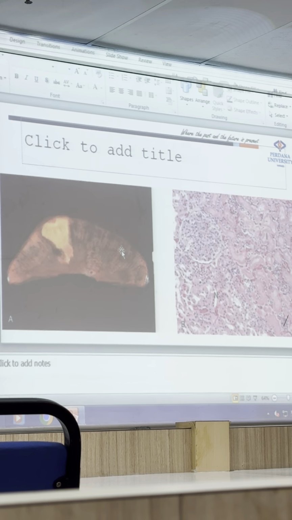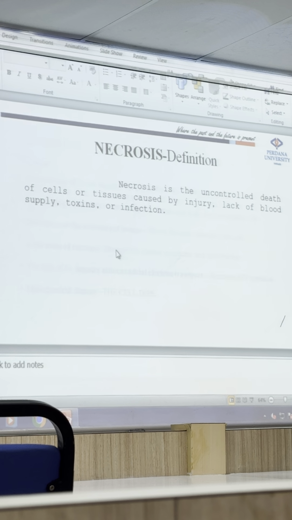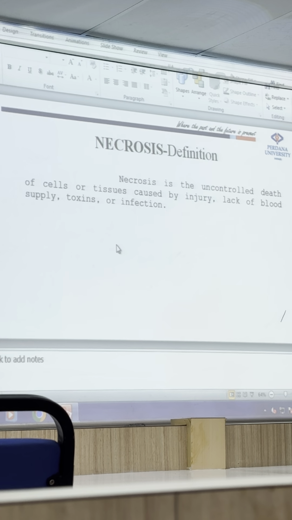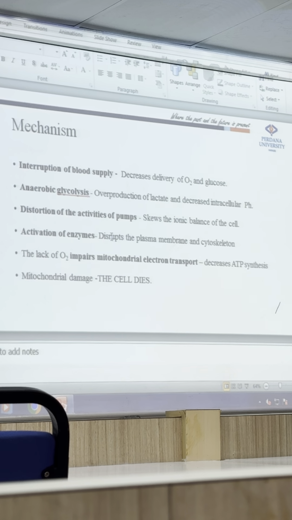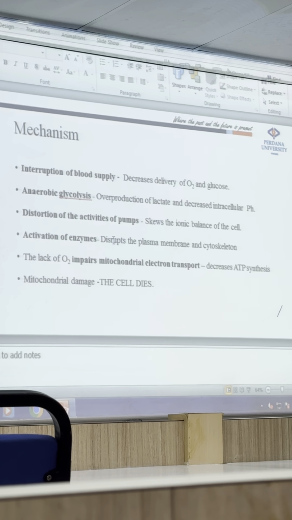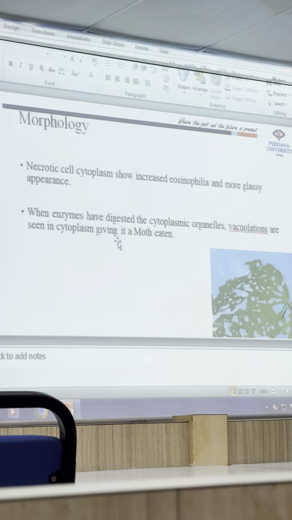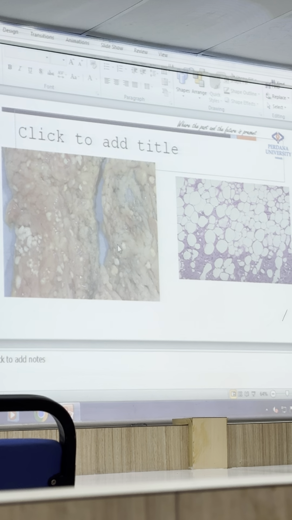The one before that, we only need to know the definition. The mechanism we don't need to know, how the process happens. You read it, you understand it. So all this necrosis part is important.